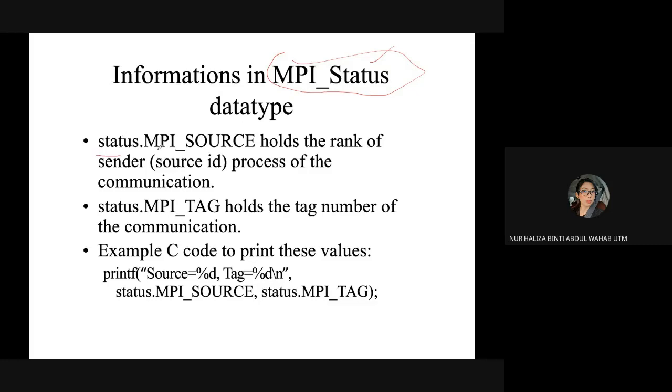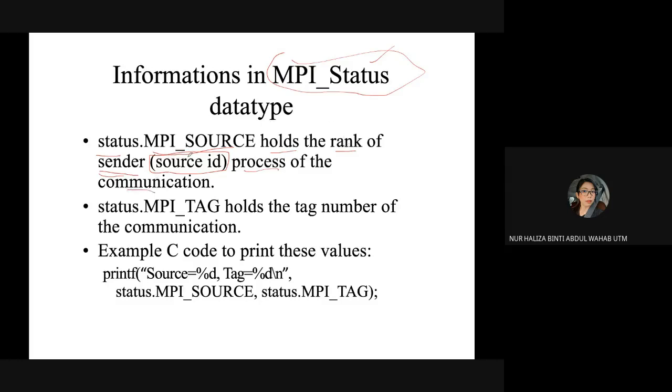Under status, MPI_SOURCE holds the rank of the sender. So you can see MPI_SOURCE, you have the rank of your sender, which is your source ID, of the communication.